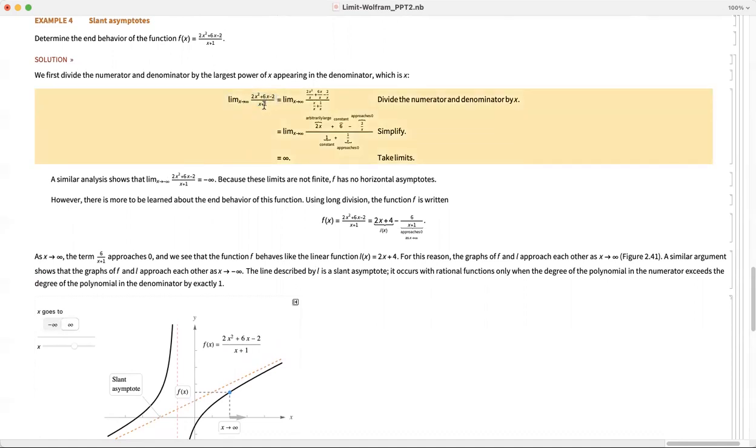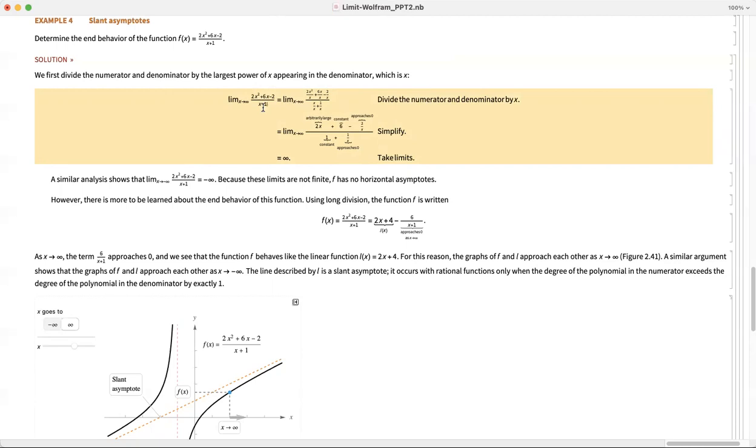If the degree of the top one is greater than or equal to the bottom one, then you need to simplify that rational function. What that means is make the degree of the top one less than the degree of the bottom one.